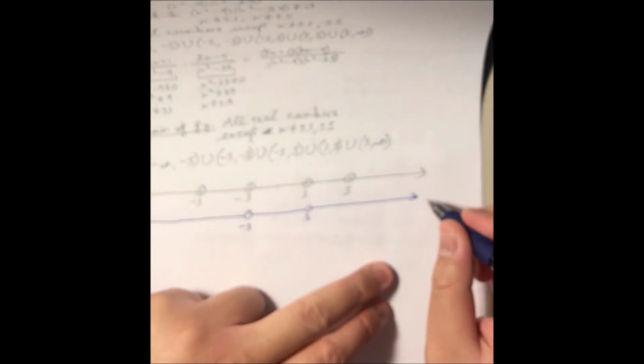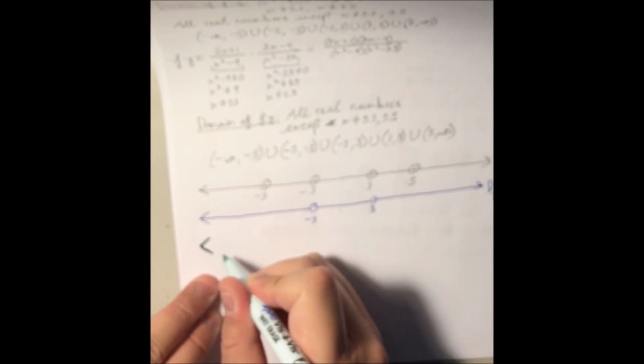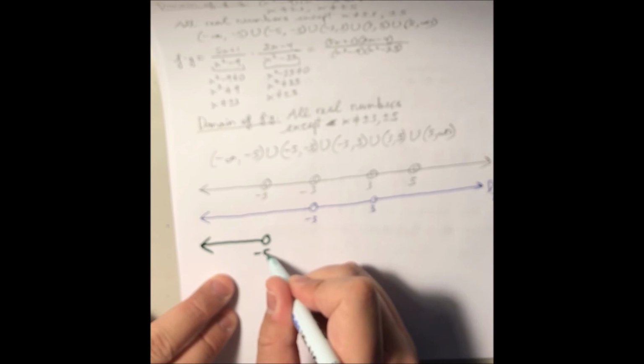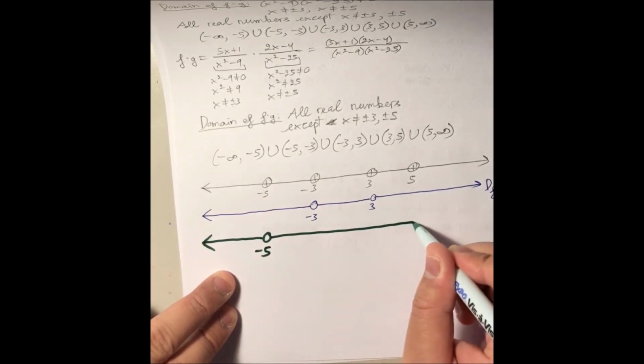So the domain of the function f is all real numbers except x cannot be equal to negative 3, and positive 3. So this is the domain of f, d sub f. And for the function g, the domain is all real numbers except x cannot be equal to negative 5, and x cannot be equal to positive 5.